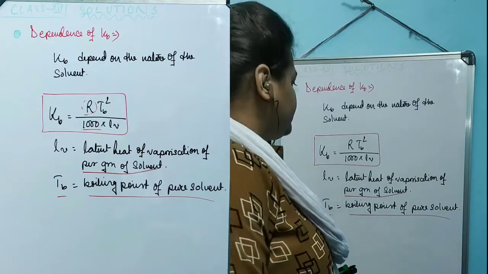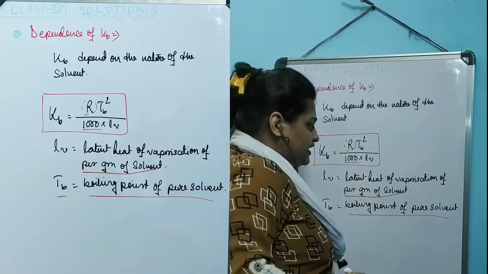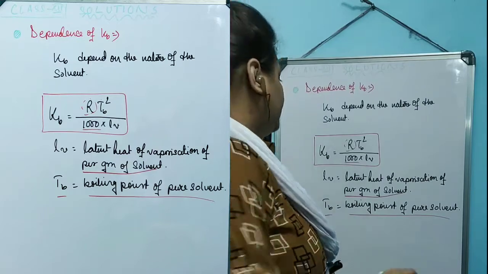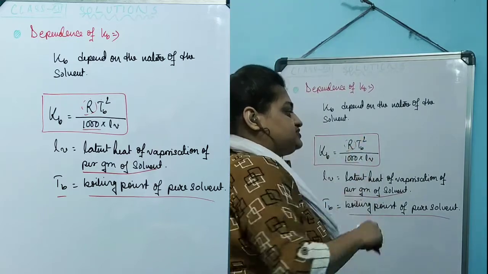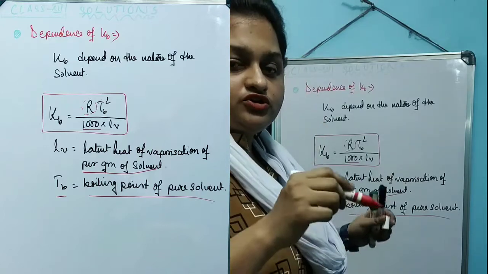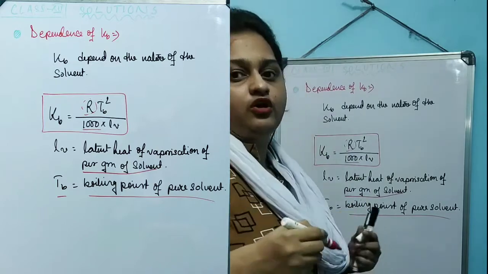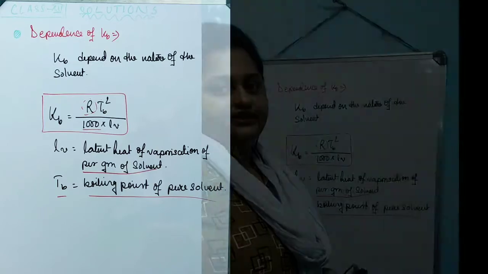As you can see, R is the universal gas constant, and 1000 is there. Tb and Lv are the only things that Kb depends on. Tb is the boiling point of the solvent, and Lv is the latent heat of vaporization per gram of the solvent. So naturally Kb depends only on the nature of the solvent.